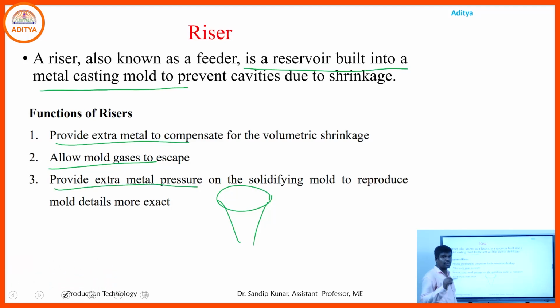Sometimes the liquid molten metal is freezing, so in those cases the riser provides pressure for the flow of the liquid metal to the entire part of the mold cavity, for easily filling the whole cavity.